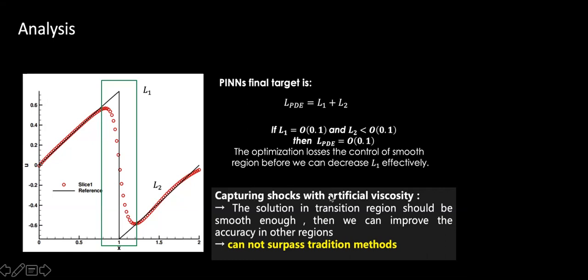Then the solution is smooth enough. All the loss at transition points will still dominate the total loss. At last, we can assert that in capturing shocks, PINNs cannot surpass traditional methods if we use the same strategy.